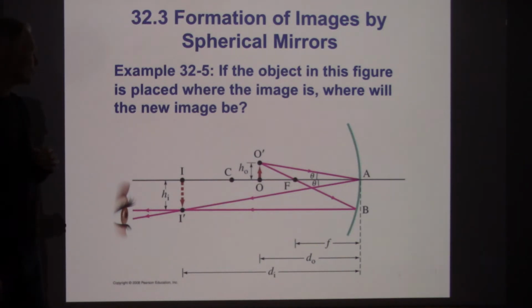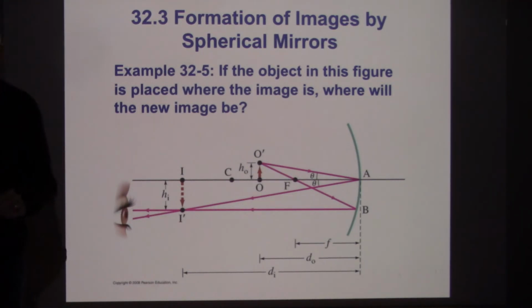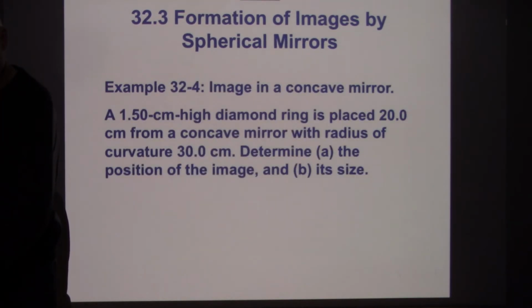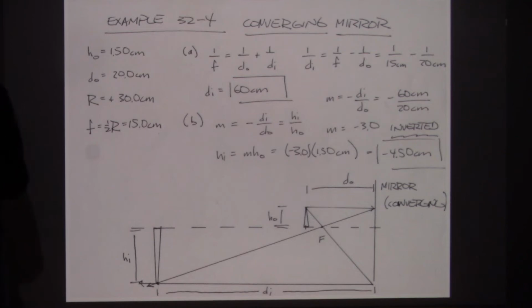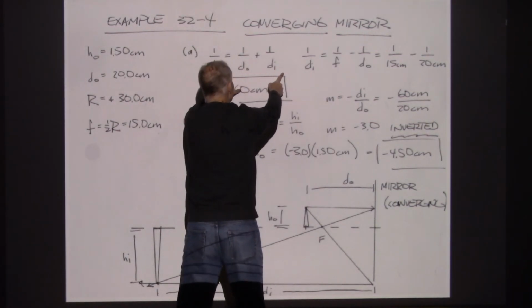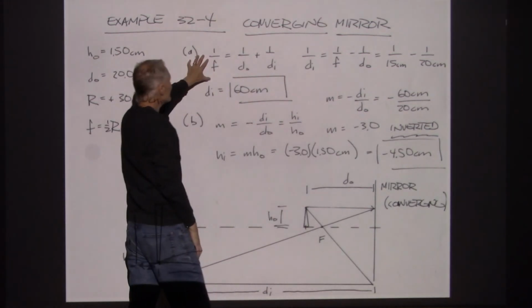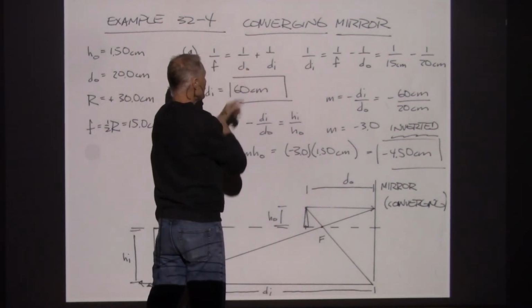So all I have to do is reverse the direction of the light in these diagrams. I think it is the very same picture. So the DOs and the DIs will reverse, and the mathematical formulas tell us that, because in this formula, I could take the values for DO and DI and switch them, and it still solves the equation. Okay, so the DIs and the DOs reverse.